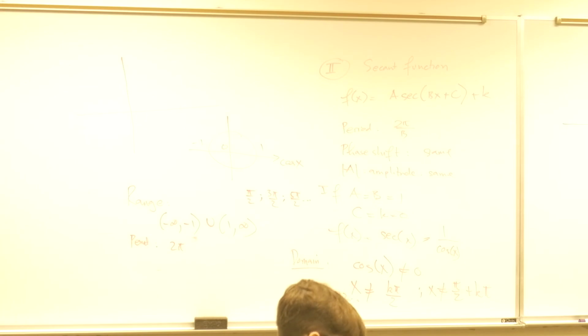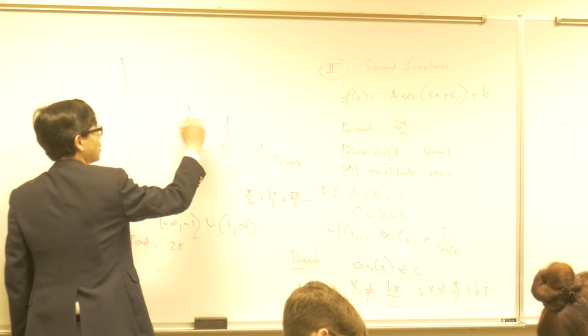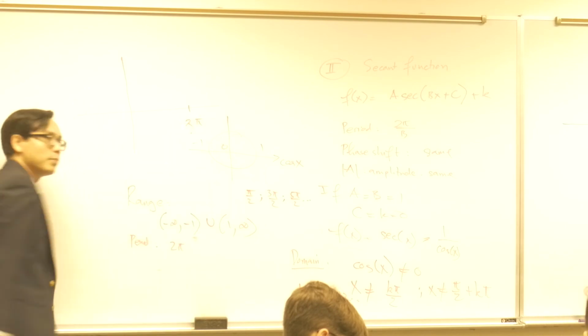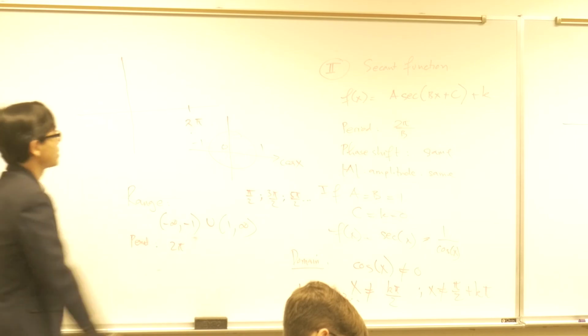Because it's based on the secant, so based on the cosine, and the period of cosine is 2 pi. So the period of secant would also be 2 pi. You can mark whatever you want, depending on how much space you have. The amplitude right now for the secant will be 1.